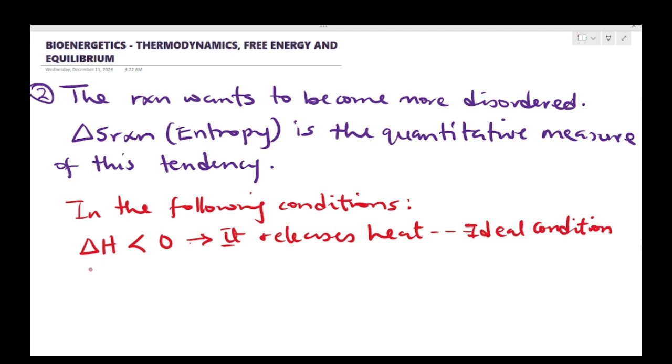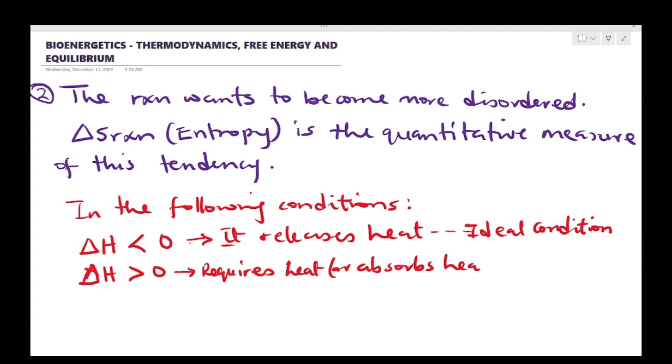The next point is when delta H is greater than 0. What happens is that it requires heat, that is, it absorbs heat from its surroundings.